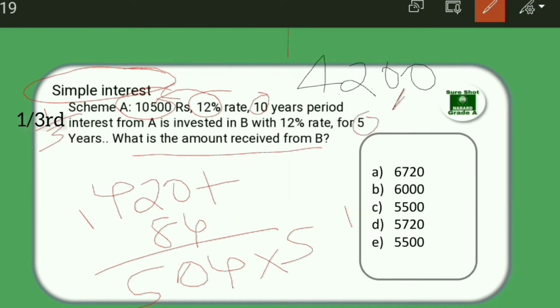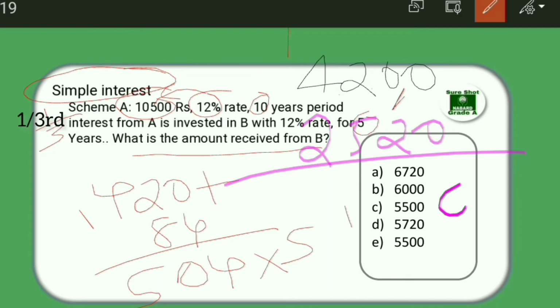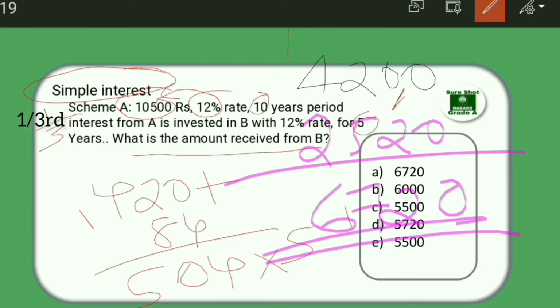So what would be the amount? Just do this: 500 into 5 is 2500, plus 20, 2520. Adding the principal, 4200 plus 2520 gives 6720. Here is the right answer.